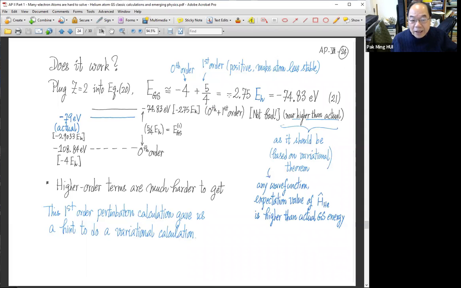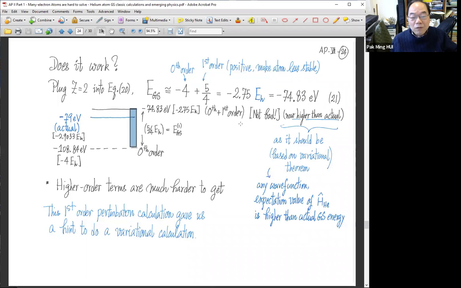Therefore, it is together minus 2.75. If we put it into eV, it's minus 74. Okay, so first order perturbation has taken us from here up there.